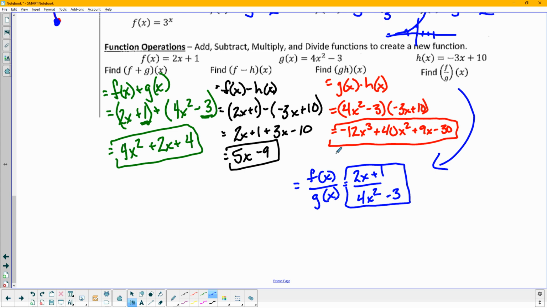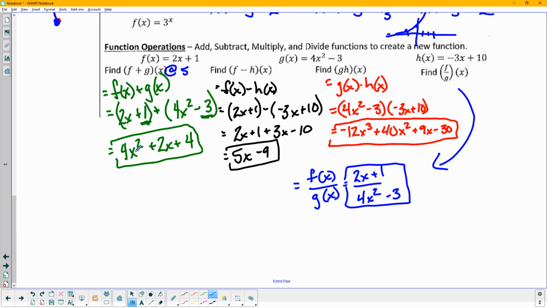Now, most math classes do want you to simplify these, but just know that in practice, it's not required. And what I mean by saying it's not required, if I wanted to find this f plus g of x, but I wanted to evaluate it, let's say at 5. I want to figure out what its value is at 5.